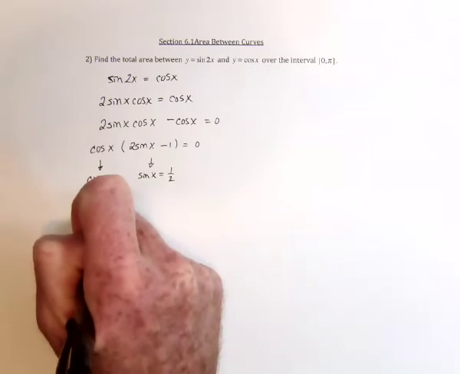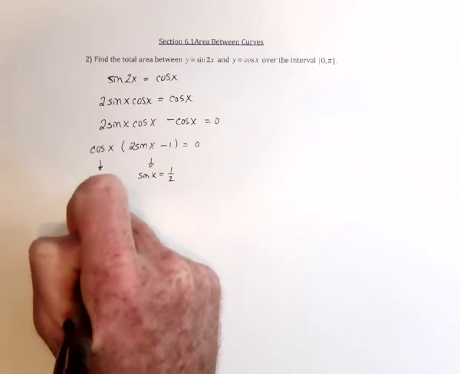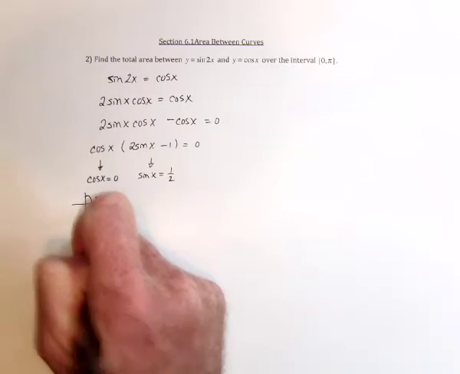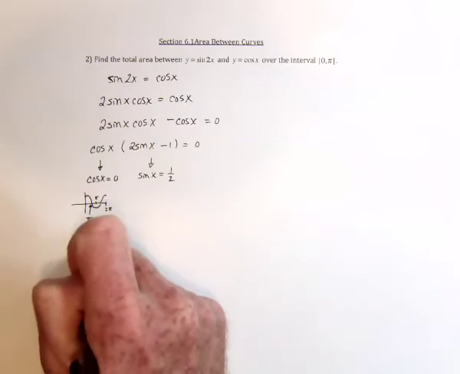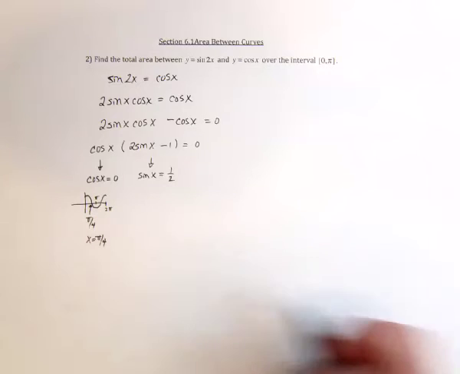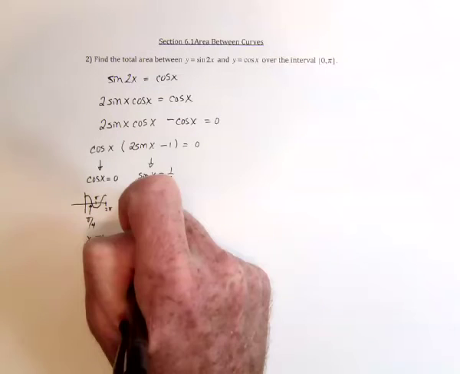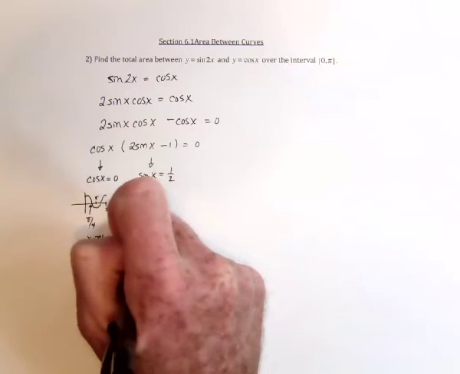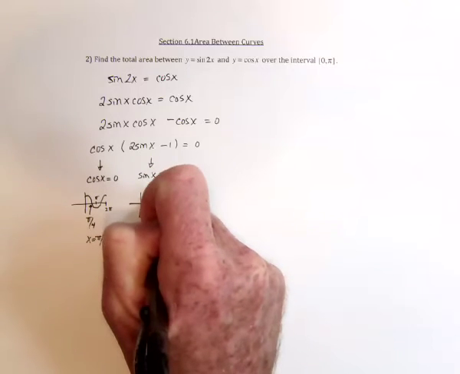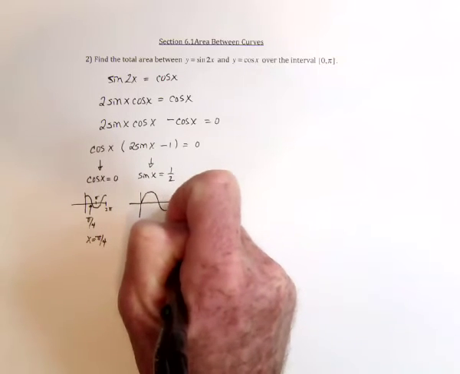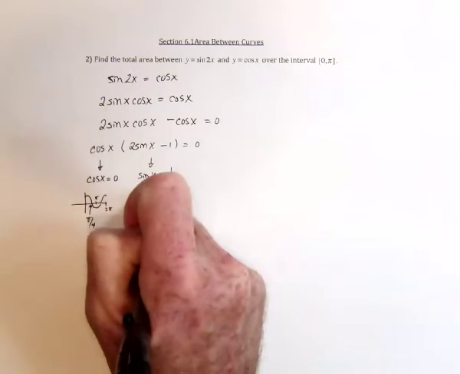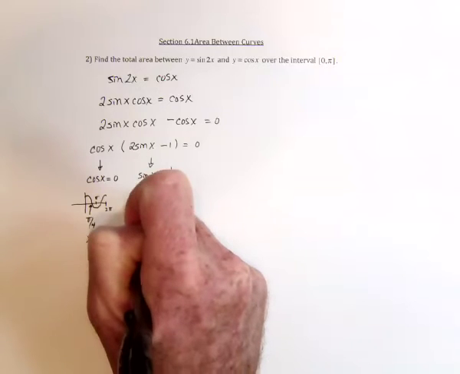This would be 2 pi, and the middle would be pi, so that would be at pi over 4. And when does sine equal 1/2? So 1/2 would be right here.